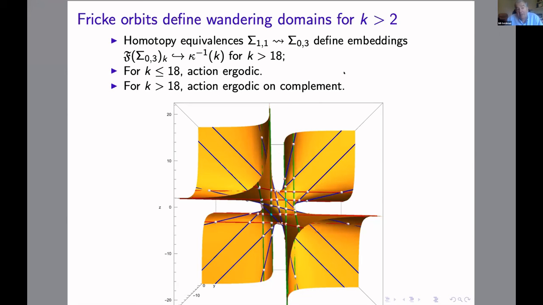And the first place this occurs will be when all three of the boundaries of the three-hole sphere are mapped unipotently.